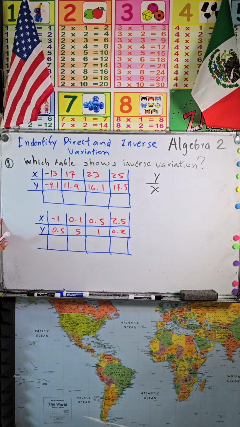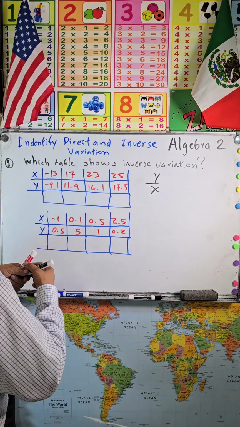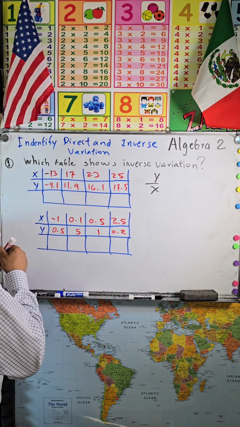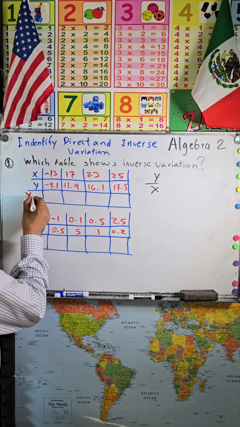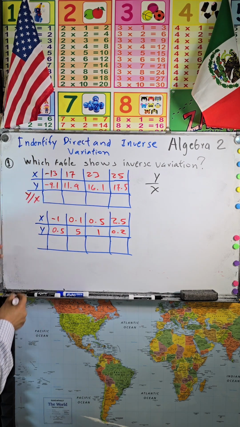Look at this. A constant value is 0.7. Here we have to divide y by x, a direct variation, right?